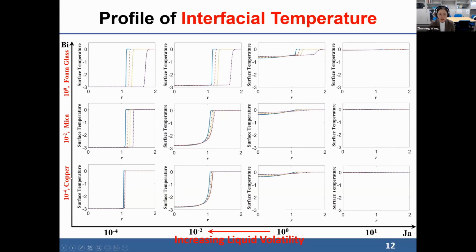This is foam glass, which has low substrate conductivity, and here is copper, which has high substrate conductivity. The x-axis represents the liquid volatility: from right to left, the liquid volatility is increasing.